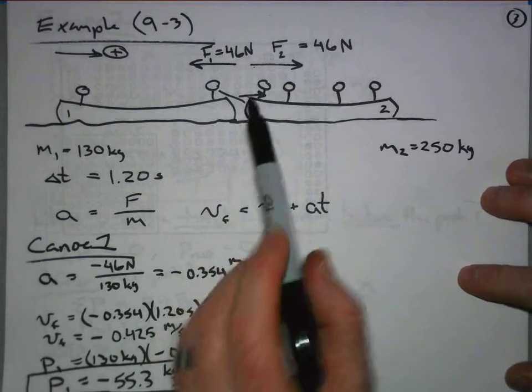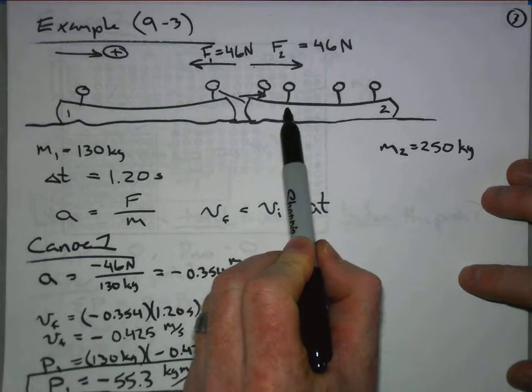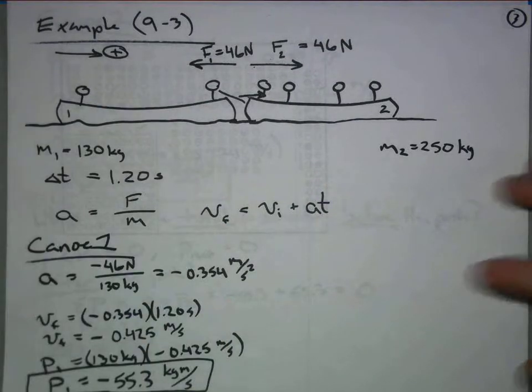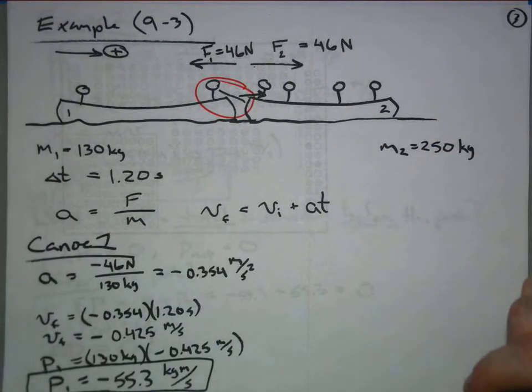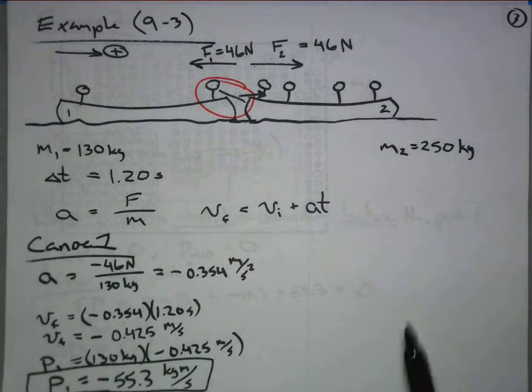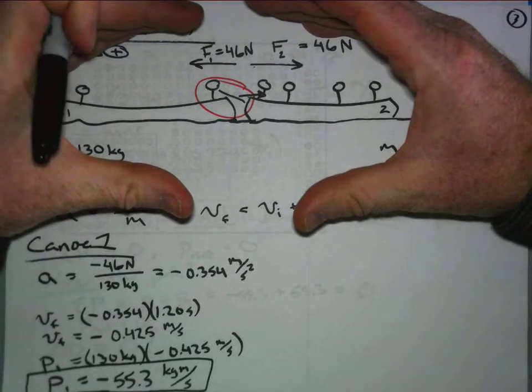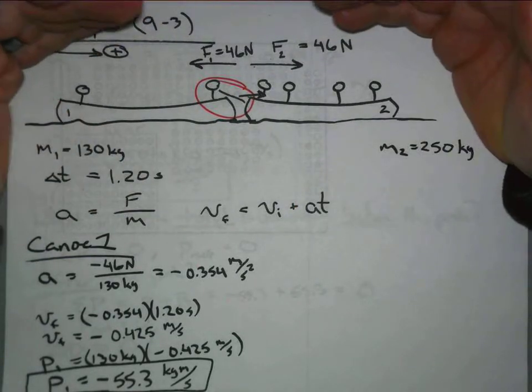Recall an internal force acts on the system, but it originates within the system. This push originated with this person in canoe 1. It came from canoe 1, essentially, which was already part of the system. It was not external to our system. So the system as a whole had no change in momentum.